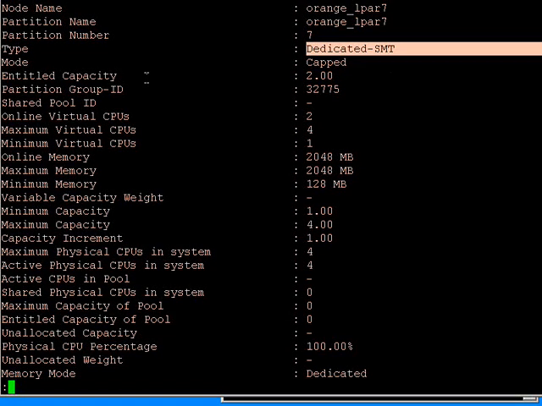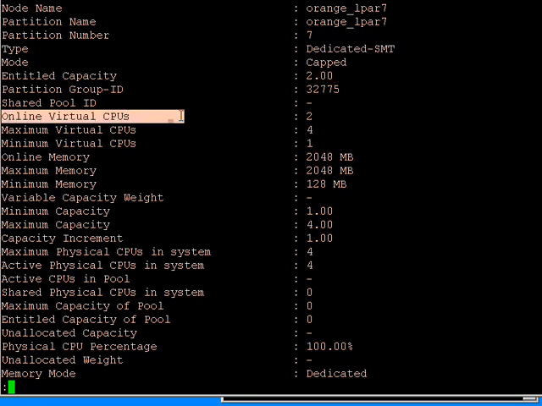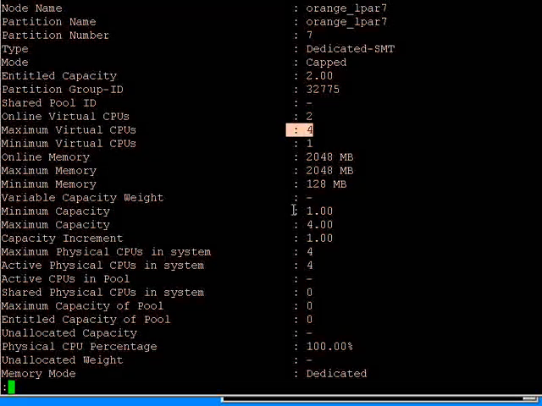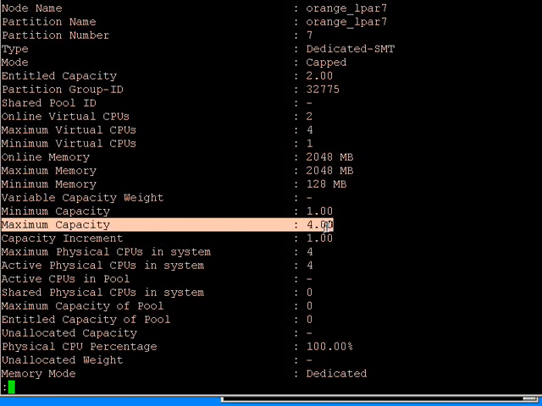Now these are dedicated, so our entitlement is 2, so we have 2 CPUs allocated here, and we can see online CPUs is 2. The maximum here is for doing a dynamic CPU add, and the same down here for 4 CPUs, we can go up to that.